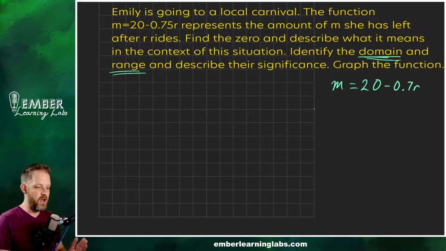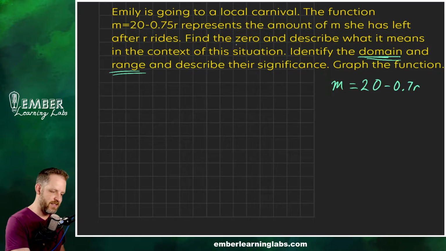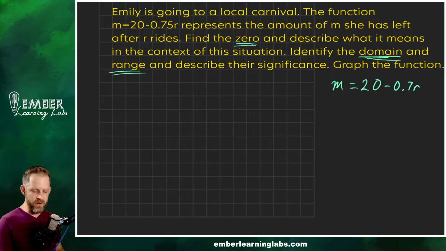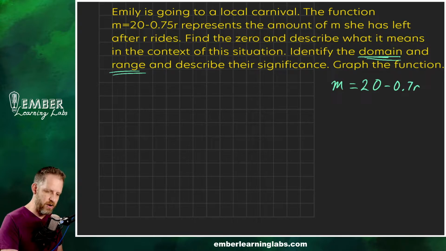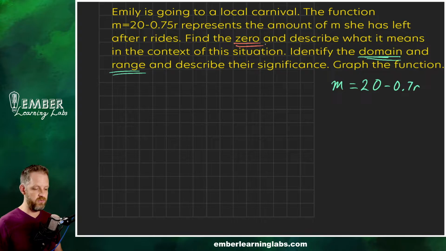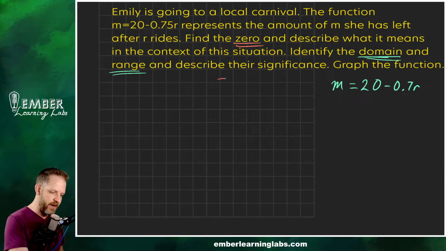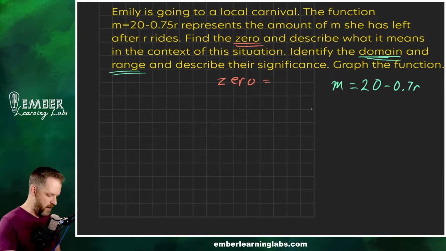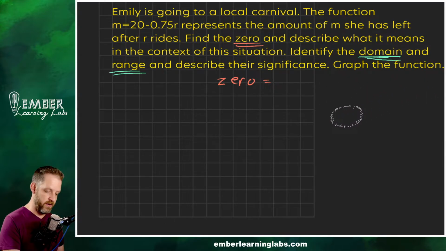So first of all, what is a zero? A zero, as you might expect from context, is where something's zero. That makes sense. And so zeros are another name for the x-intercept or intercepts. In linear functions, there's only one.